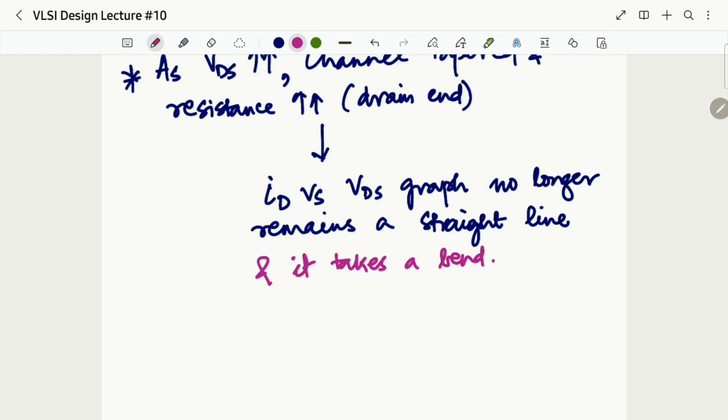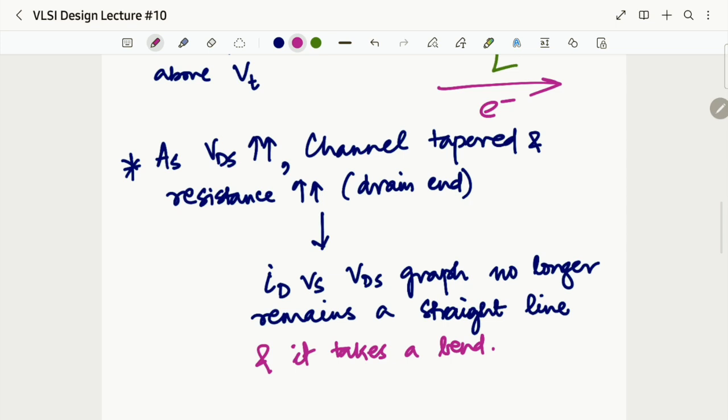Because of this channel tapering and resistance increasing at the drain end, the ID versus VDS graph will no longer remain a straight line and it will make a bend.